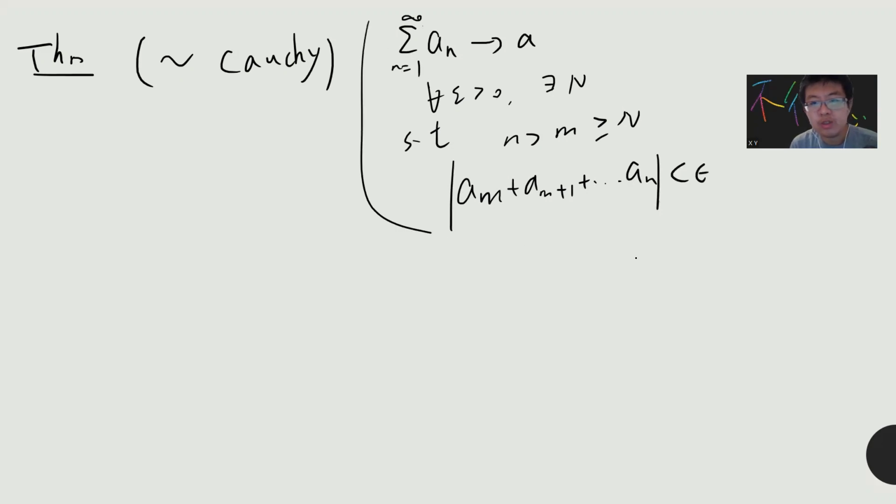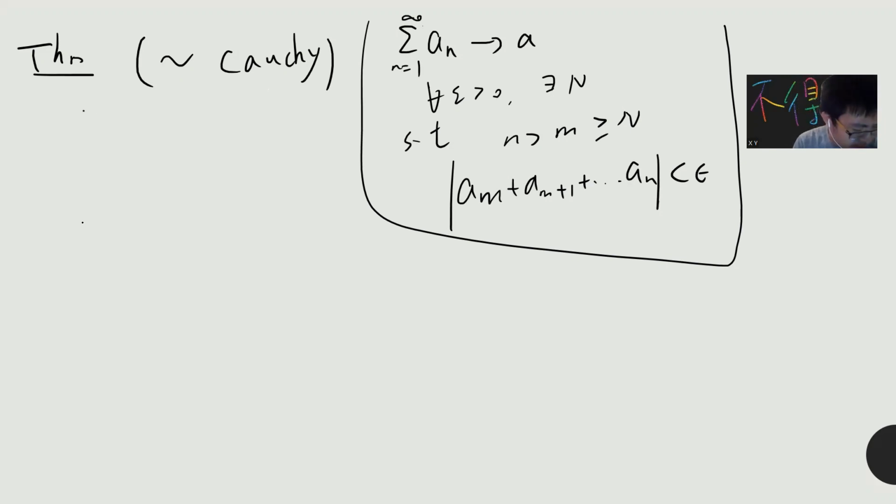This is the definition of a Cauchy sequence. A convergent sequence implies a Cauchy sequence, and the converse needs the completeness of the metric space.